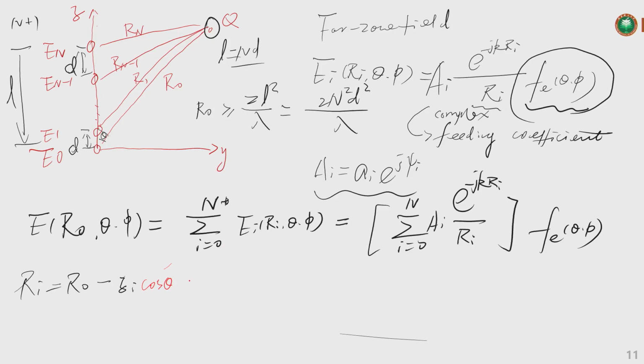Because the separation is D, the first one is 1D, the second element is 2D, the third element is 3D, so the ith element is ID. Here I is an integer, not representing an imaginary part. So cosine theta.